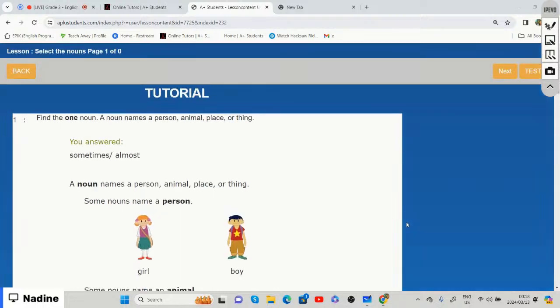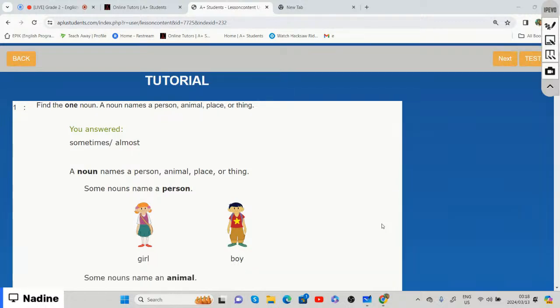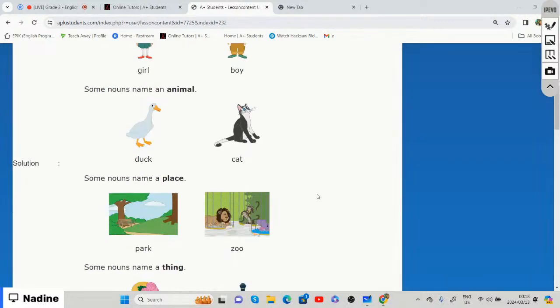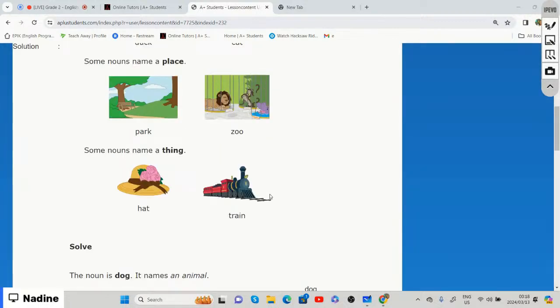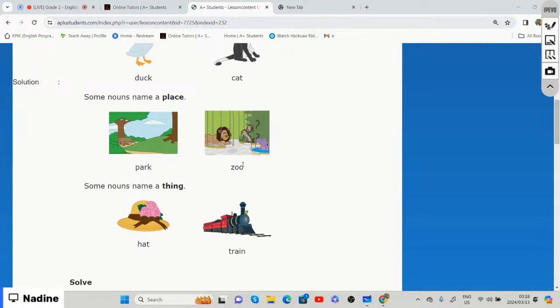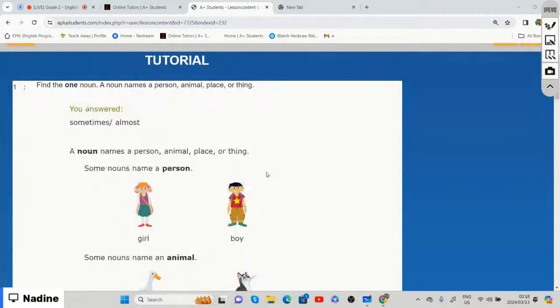All right. So now they say we need to find one noun, however, the nouns are not given.